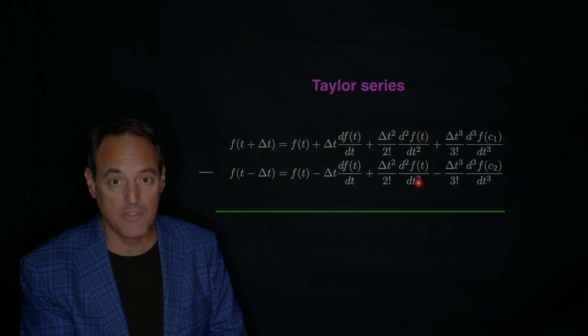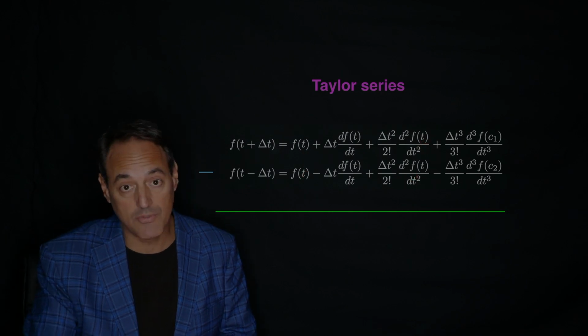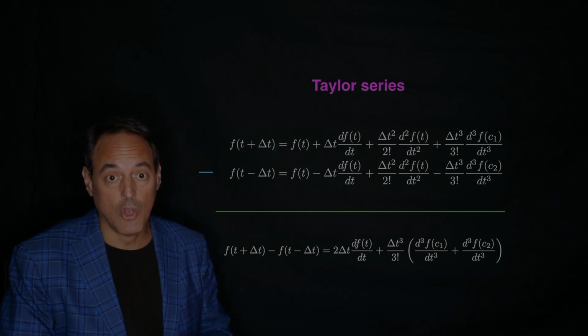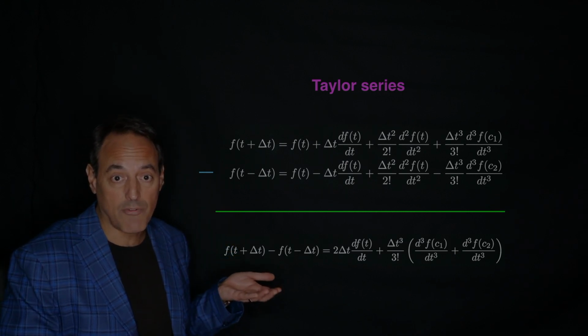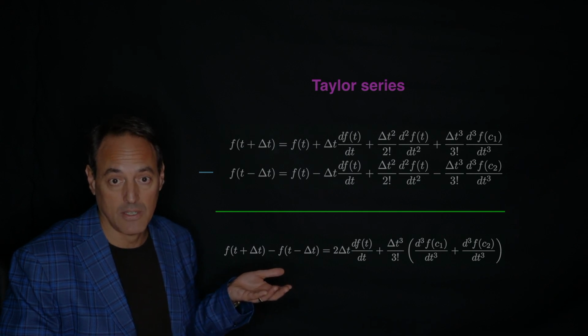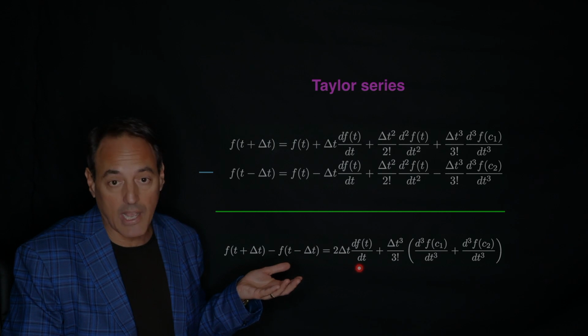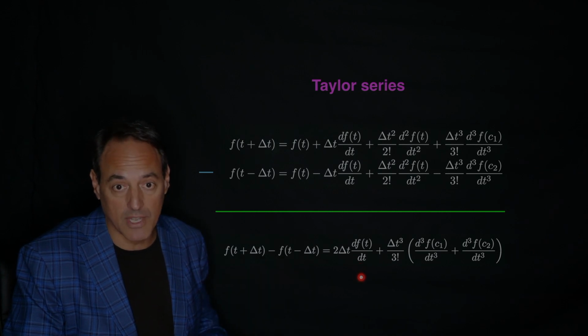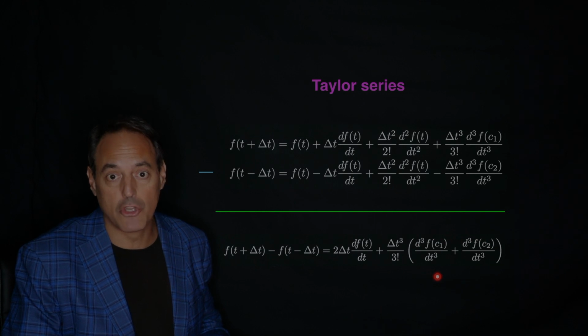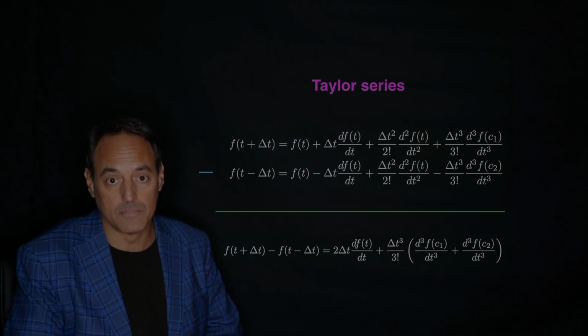And these two terms are going to drop out. That's very nice, because what you end up with is the following expression. I get the difference, f of t plus delta t minus f of t minus delta t. And on the other side, I get 2 delta t times the derivative df dt, and then some expression involving these third derivatives that I have here.